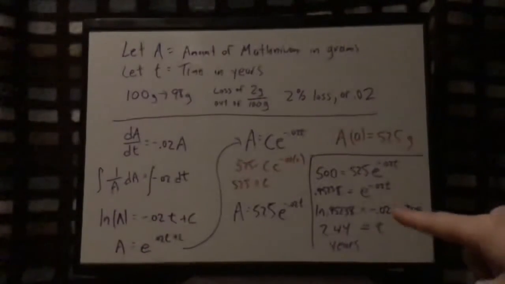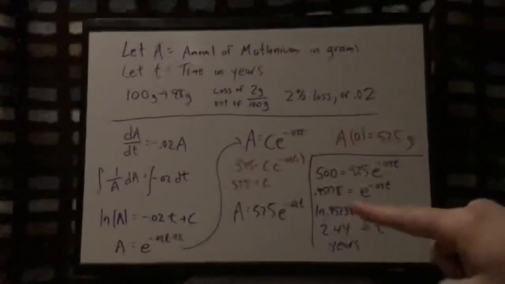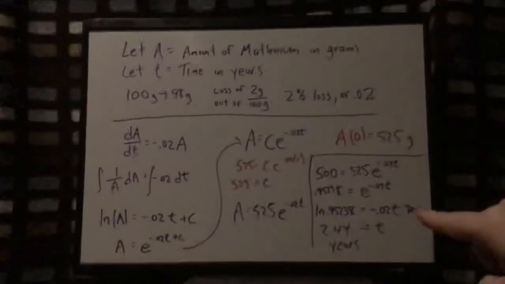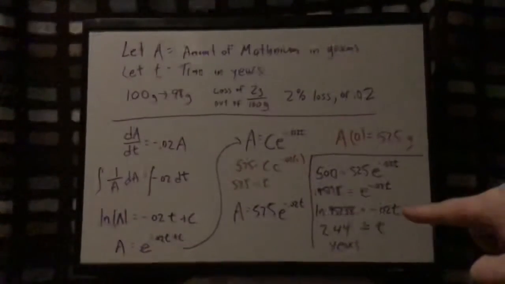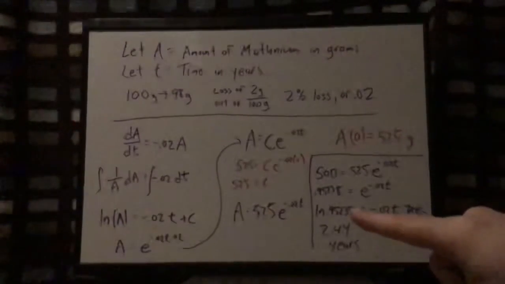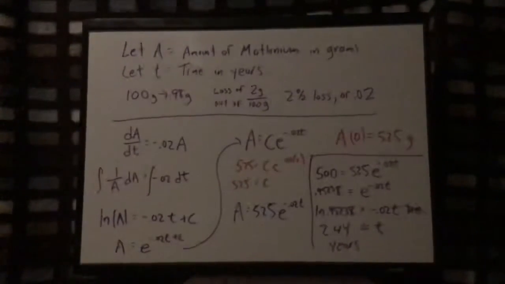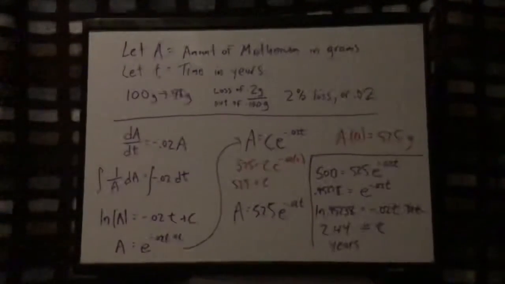And then the natural log in front of the e lets that exponent jump out as multiplication. Then ln e is 1, so multiplying by 1 I don't really need anymore. It cancels away. Then the last step to get to t is to divide that negative 0.02 over. I did that. And like I said, if it were an AP problem, I should have rounded to 3 places. I just rounded to 2 places. So I got approximately 2.44 years, and that's how long it takes to happen.